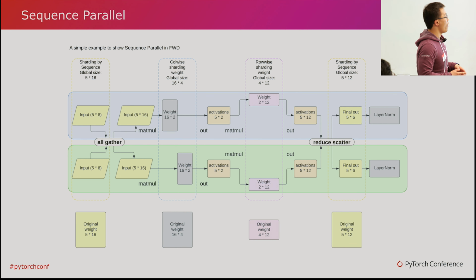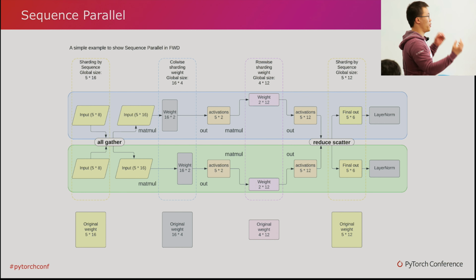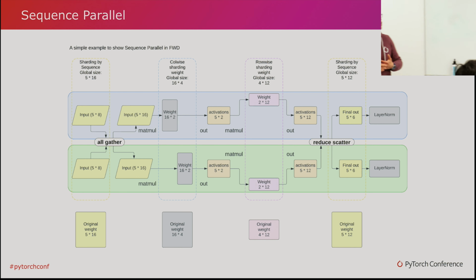They're all fine. And when it comes to the next module, we'll repeat this all gather, reduce scatter pair again. So we have already enabled it for sequence parallel in the nightly build.